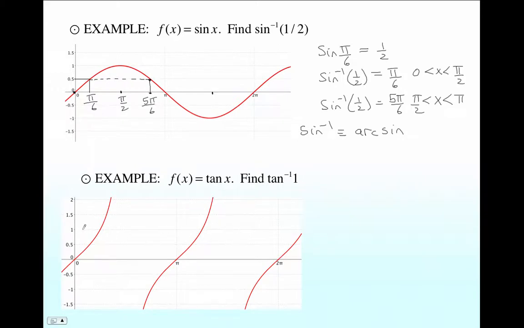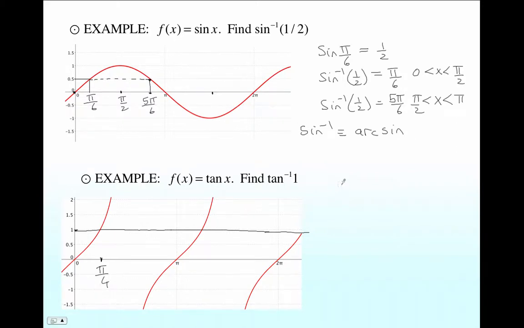And if you were to ask, what is the value of x at which the tangent is 1? Well, you can see that there are many, in fact, an infinite number of values at which it is 1. So it's 1 over here, and at this point you have pi by 4.